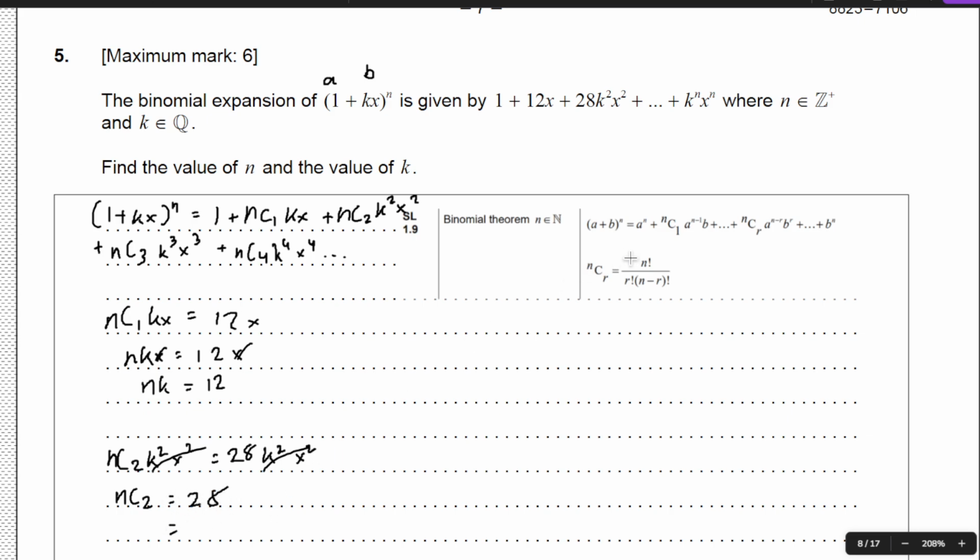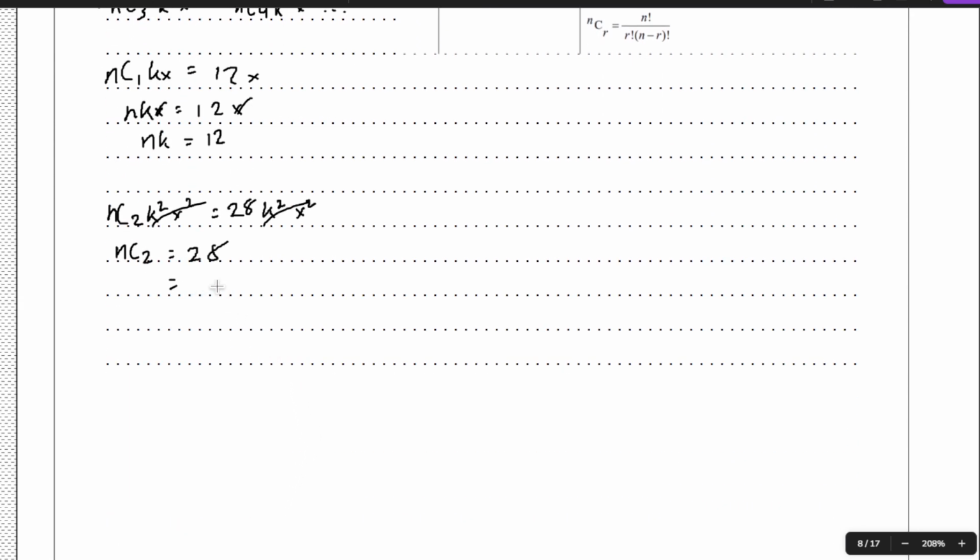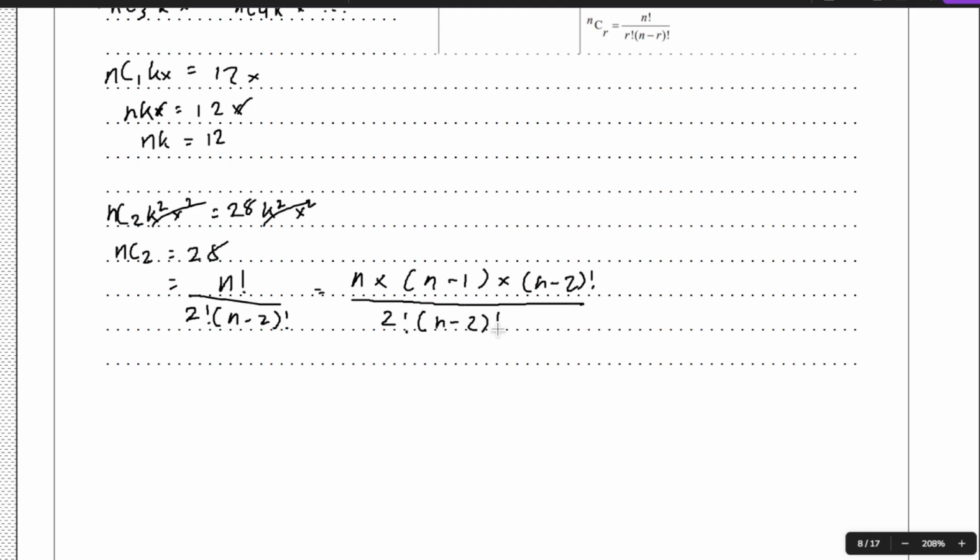To expand this in this form, we would have n factorial over 2 factorial times (n minus 2) factorial. When we expand this, it would be n times (n minus 1) times (n minus 2) factorial over 2 factorial times (n minus 2) factorial.